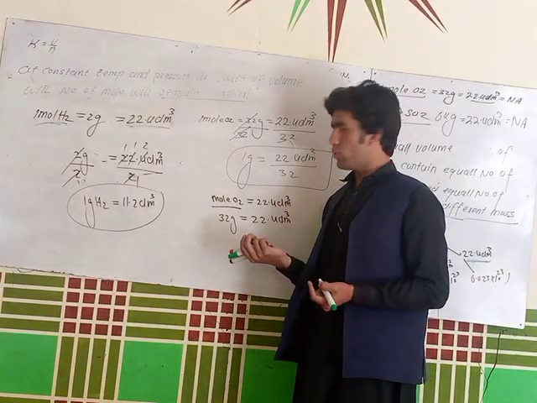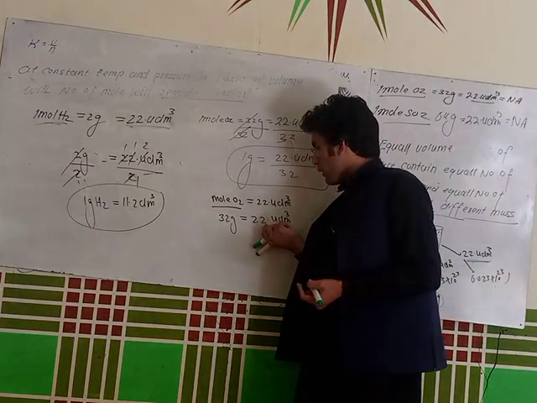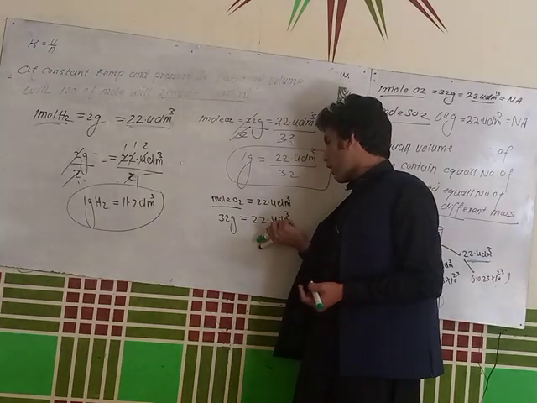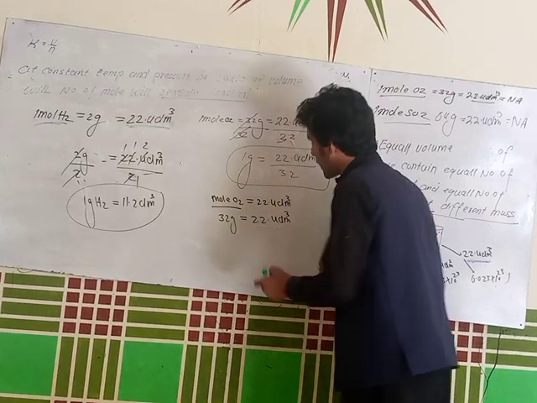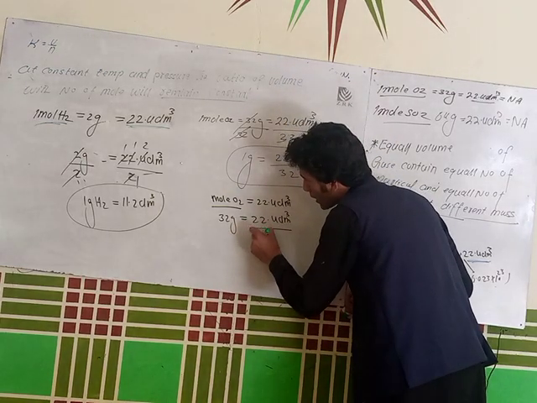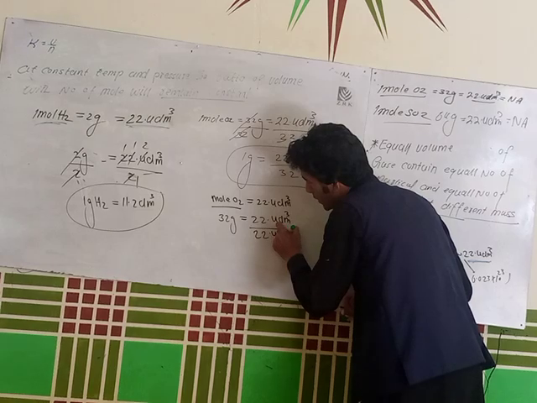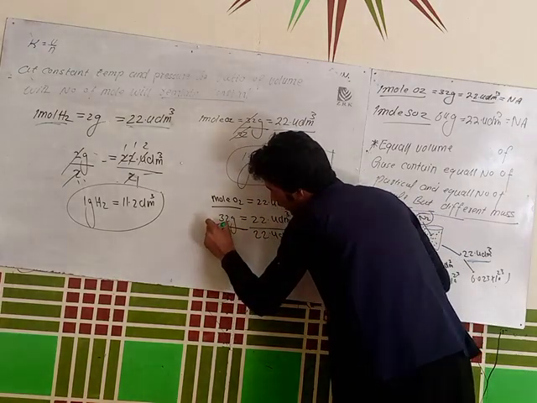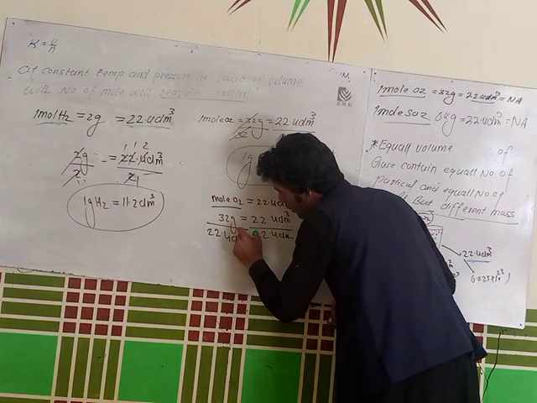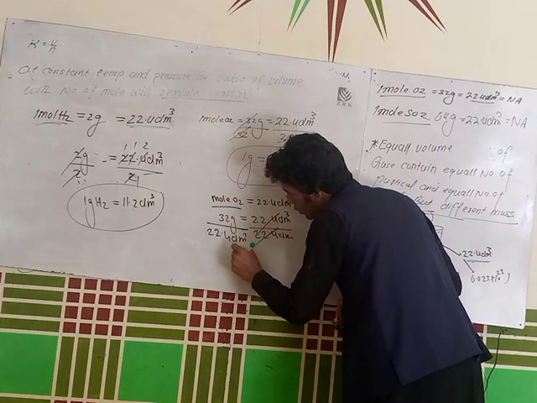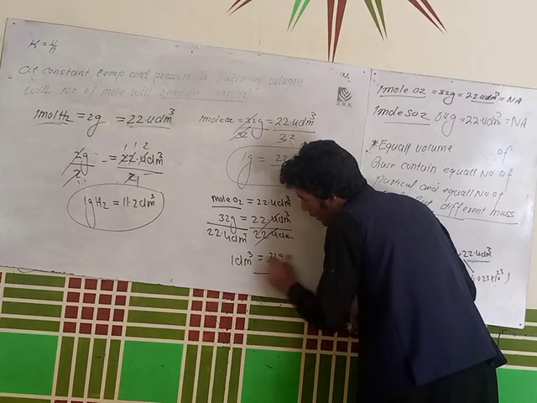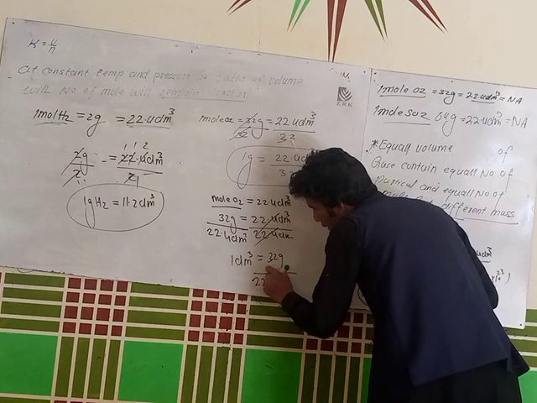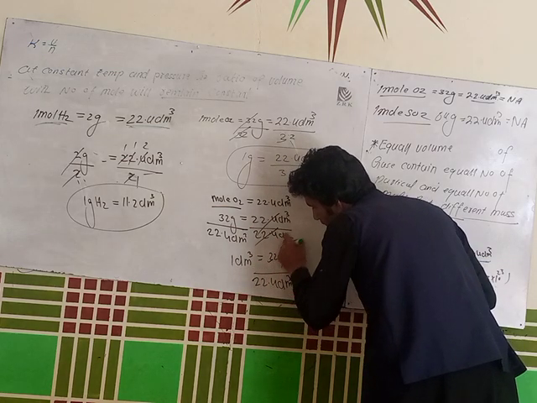If someone asks you how many grams of oxygen will be contained in a single decimeter cube, you can calculate by just dividing both sides by 22.4 decimeter cube. This will cancel with each other. So 1 decimeter cube is equal to 32 grams divided by 22.4 decimeter cube.